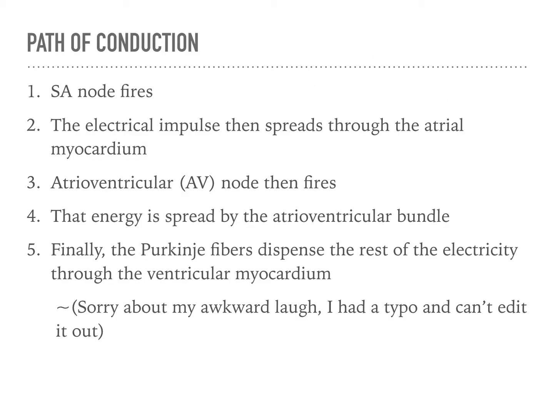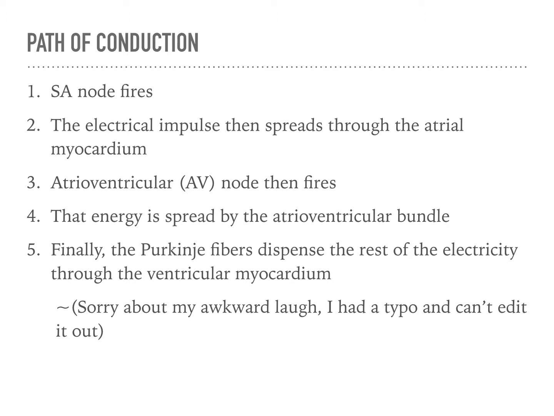So the path of conduction in the heart starts with the SA node. So the SA node fires, and then the electrical excitability spreads through the atrial myocardium. Then the atrioventricular or AV node fires, and that initiates the contraction of the ventricles.